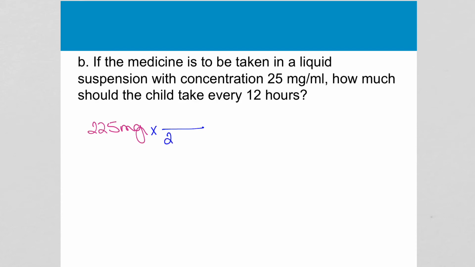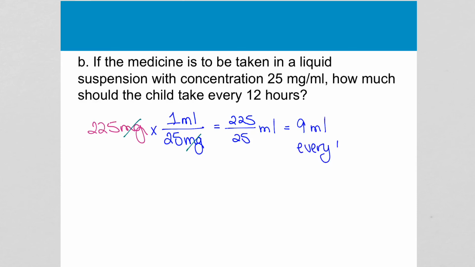And our suspension is 25 milligrams to 1 milliliter. So divide 225 by 25, and we'll get 9 milliliters every 12 hours.